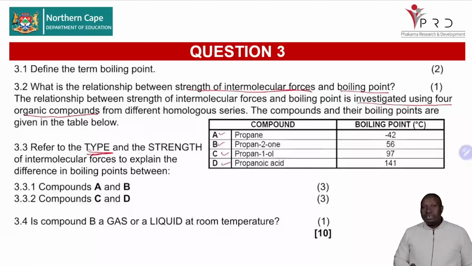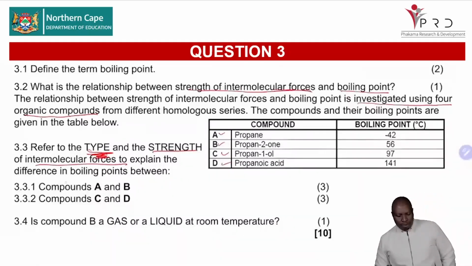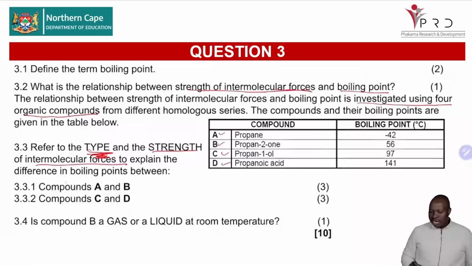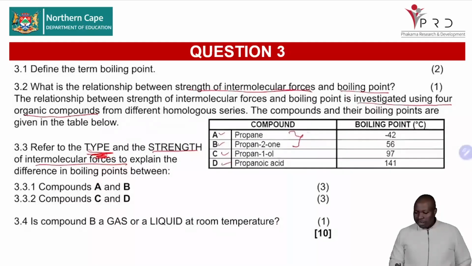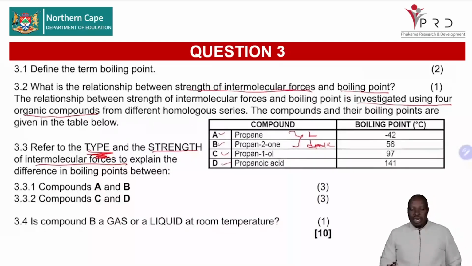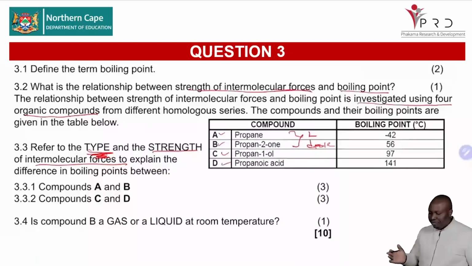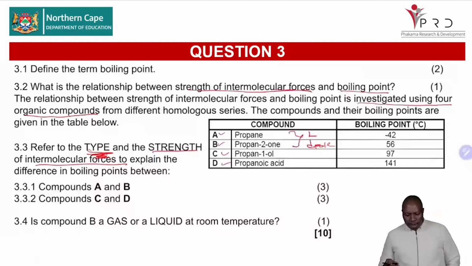Now refer to the type. The question is channeling you to say that when you answer, refer to the type and strength of intermolecular forces to explain the difference in boiling point between compound A and B. Now, if you check compound A and B, the type for compound A, propane, we said is London forces. For propanone it is dipole. So you will first write the intermolecular forces: A has London forces, B has dipole.